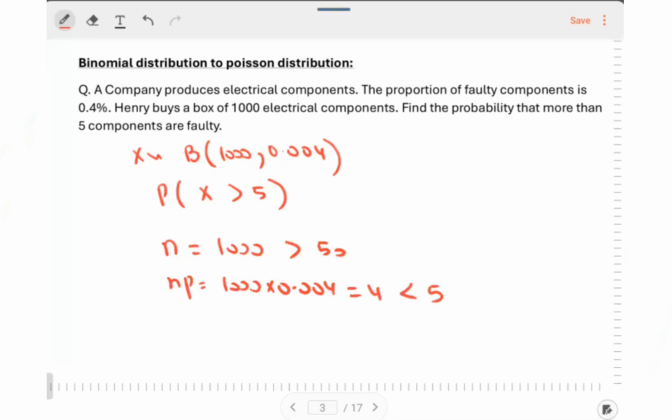Since both the conditions are being met, I can safely say that X is a Poisson distribution. Lambda is np, which is 4. Are you all with me?